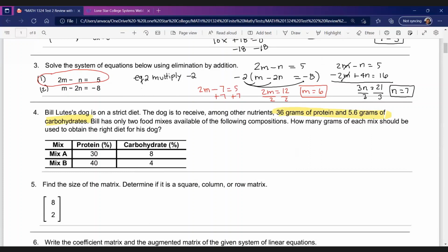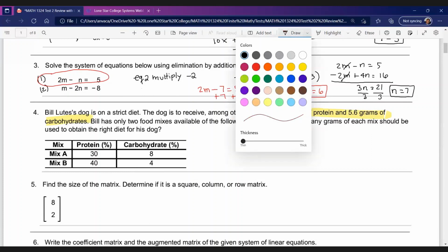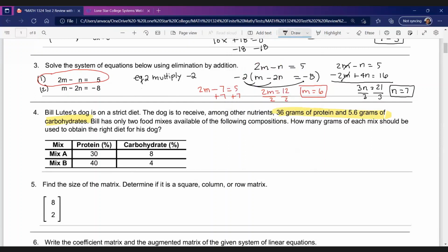Mix A has 30% protein, mix B has 40% protein, while mix A has 8% carbohydrate and mix B has 4% carbohydrate. It says how many grams of each mix should be used to obtain the right diet for his dog.